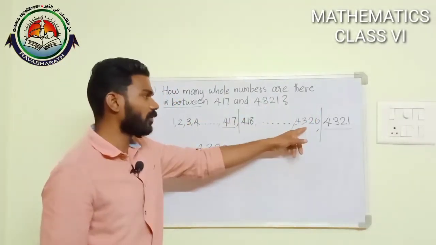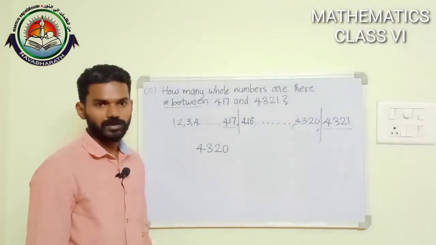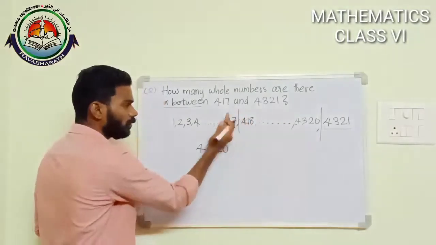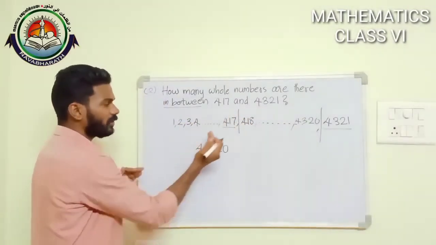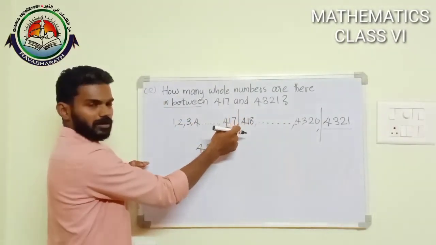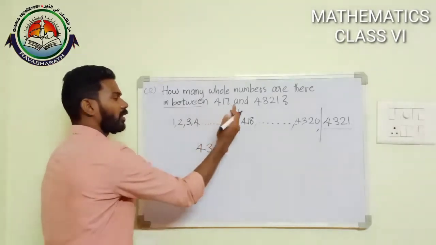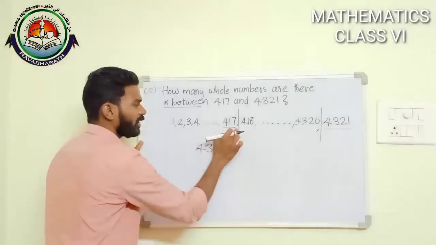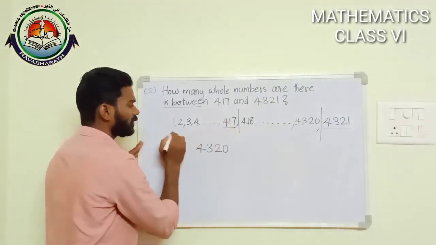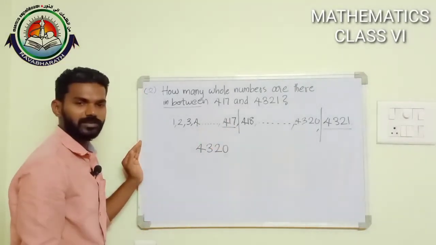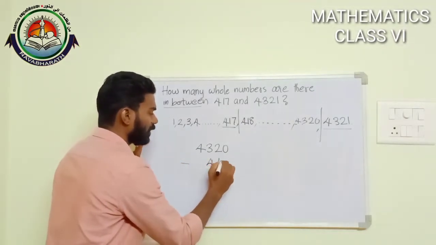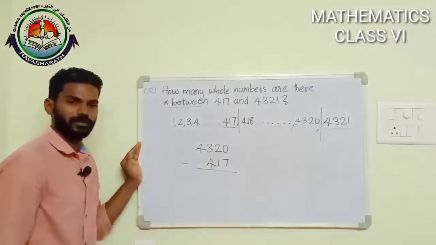From that, how many numbers do you need to subtract? You need to subtract the numbers up to here, which we don't need. Up to here, how many numbers are there? 417 numbers. So you have to subtract those 417 numbers.